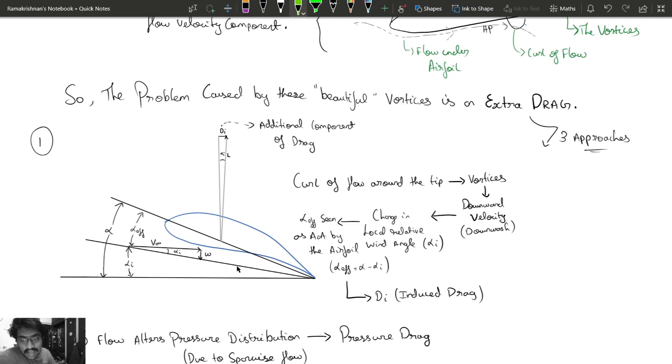This is a slightly exaggerated diagram, but the net effective angle of attack that the airfoil sees is the geometric angle of attack alpha minus the induced angle of attack alpha i. So it sees a lower angle of attack than it must actually see due to the downwash produced. So this has some implications.